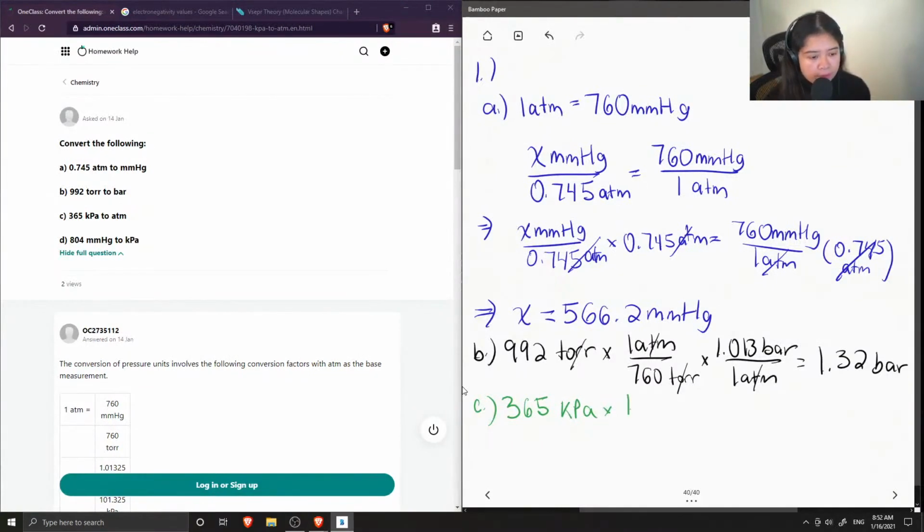So what we're looking for will be on top, and our bottom is the units we're trying to cancel out. And we end up with 3.6 atm.